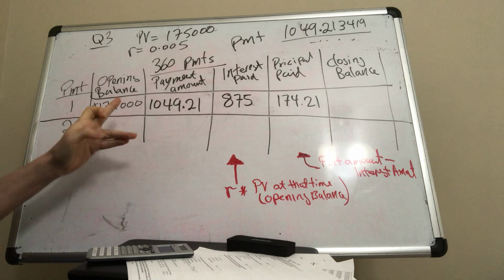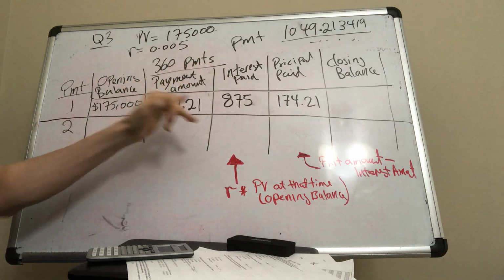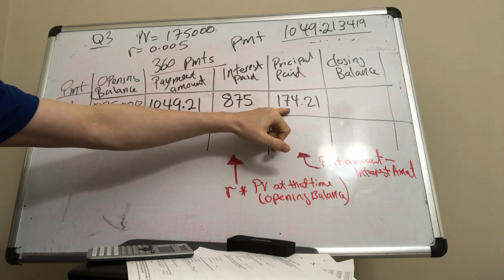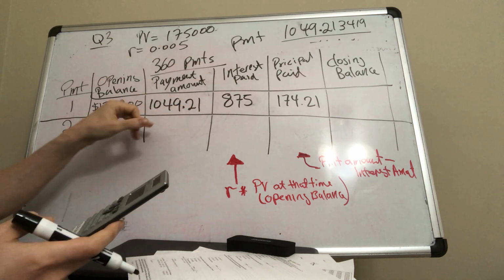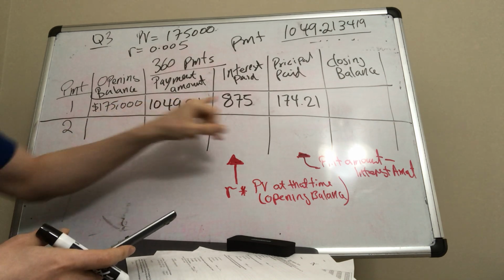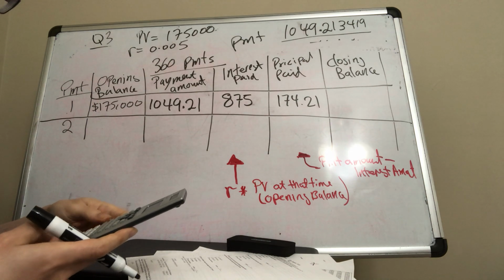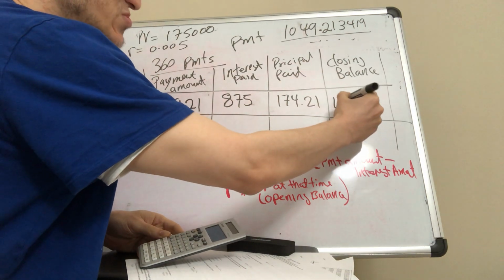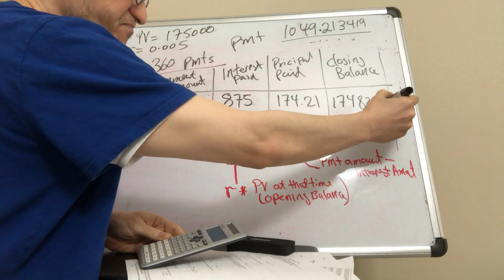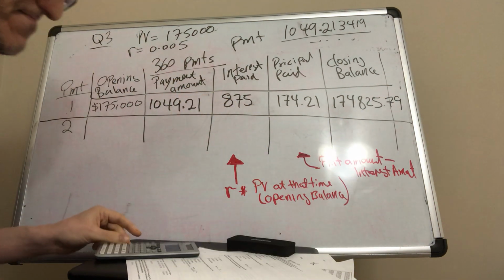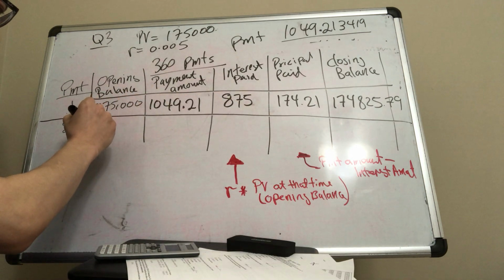So obviously, you start with 175,000, and after the first payment, you pay back 174 off of the 175,000. So the difference would be your closing balance. Closing balance would be opening minus principal paid. So you close at 174,825.79. And that would be the opening here.